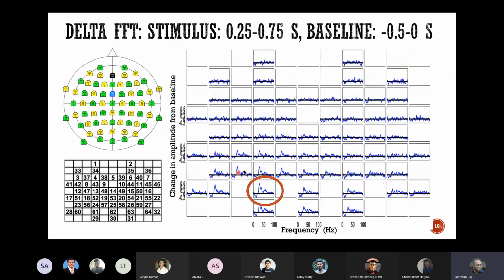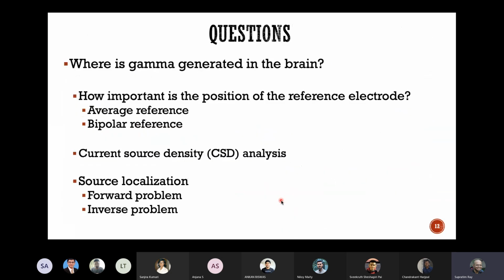But is it the case that this entire brain area is generating gamma? Or could the source be very localized, with the activity spreading out, so that no matter where you have an electrode, as long as it's close to the source, you can pick it up? This is the classical question of source localization, which we are going to discuss, and which will give us an answer to where this gamma is generated in the brain.